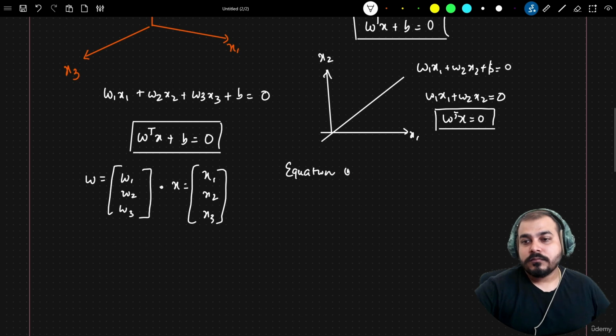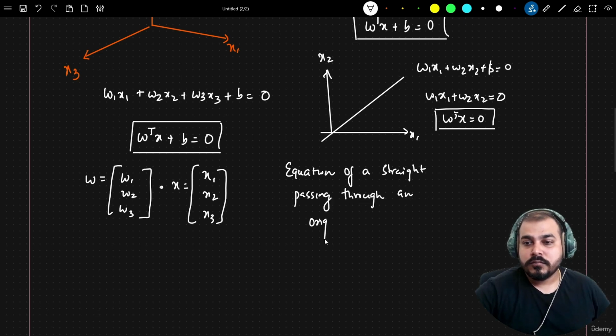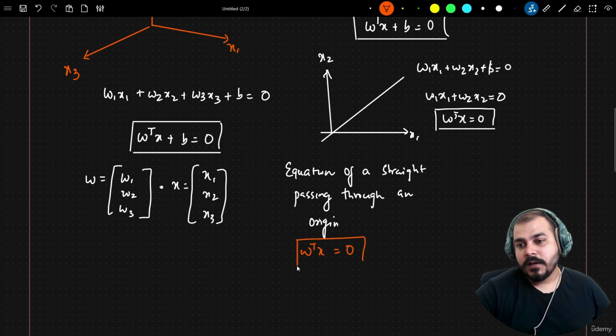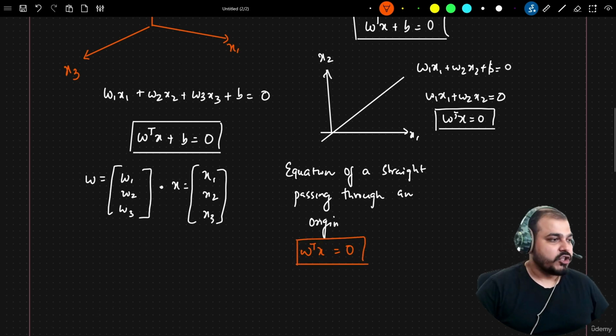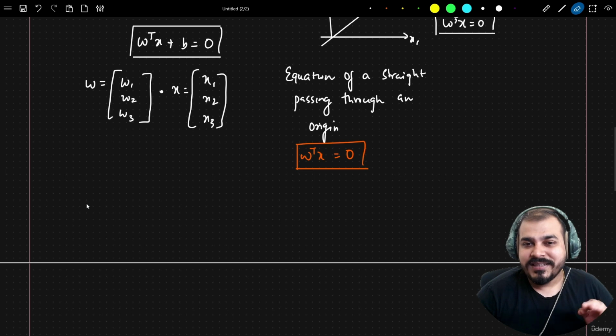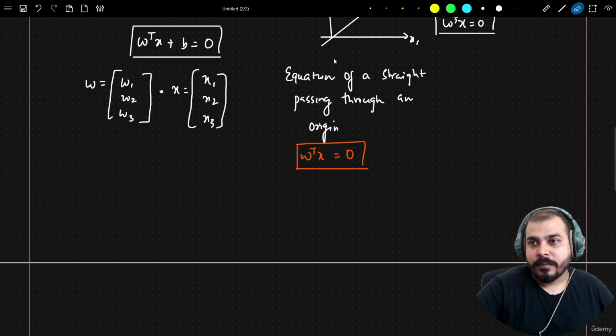So the equation of a straight line passing through an origin is given by w transpose x is equal to 0. Okay, this is nothing but the equation of a straight line. So let's consider now the equation of a plane.